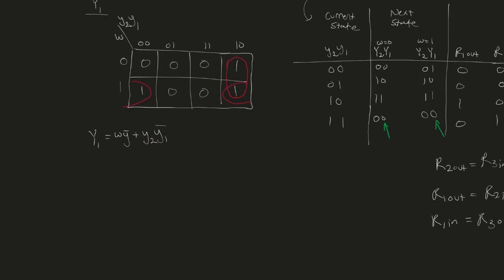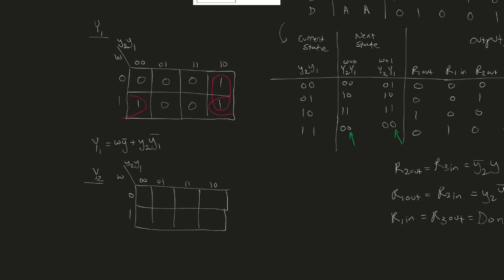Okay, so now let's do the K-map for Y2. So it'll be W here, Y2 and Y1. So 0, 0, 0, 1, 1, 1, and then 1, 0. So 0, 1 here. So we're going to be focusing on these ones.